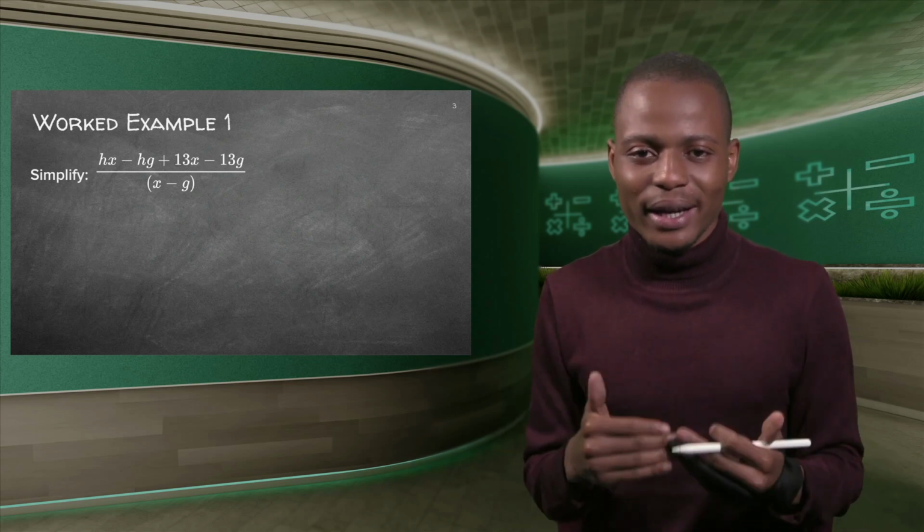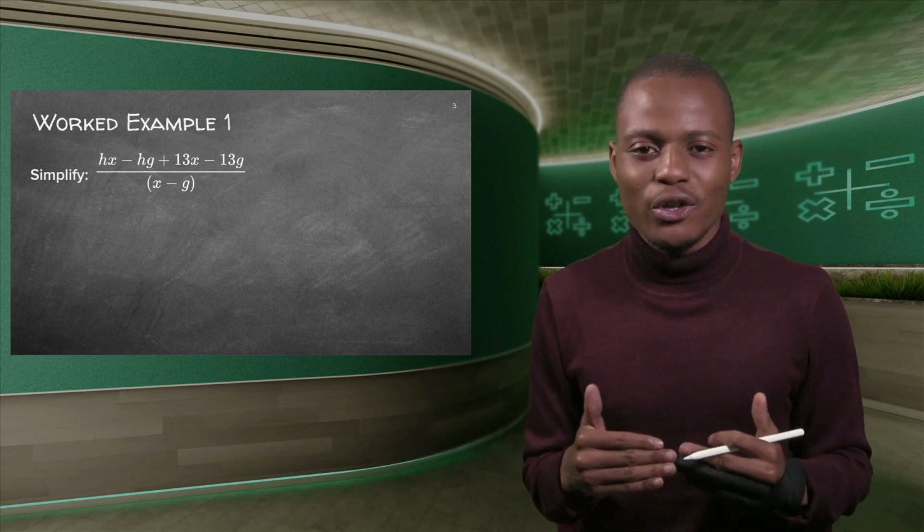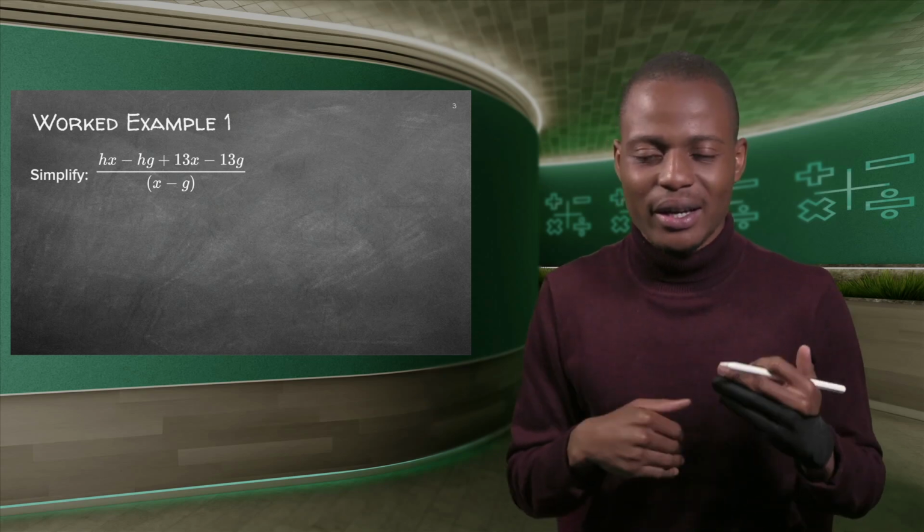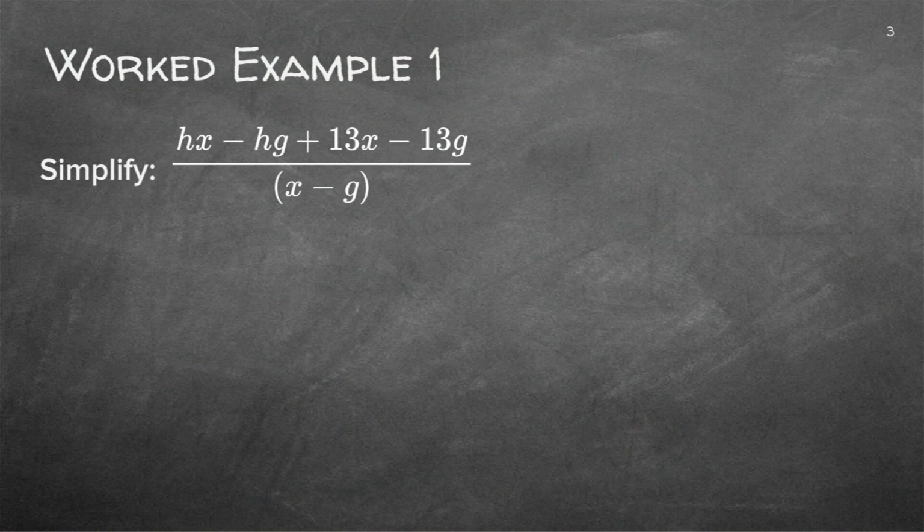Looking at the problem that you have, we use grouping. That is one of the methods we covered in the previous lesson. Grouping simply means you put the first two values and also the last two values in a bracket and try to find common factors from them.